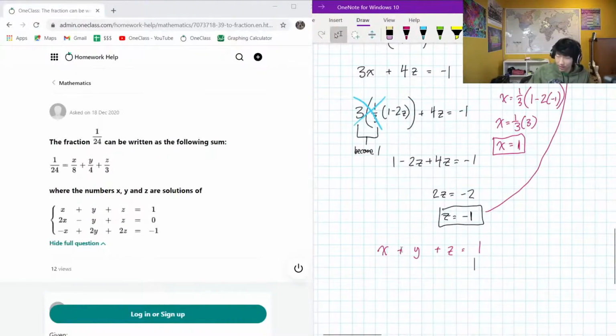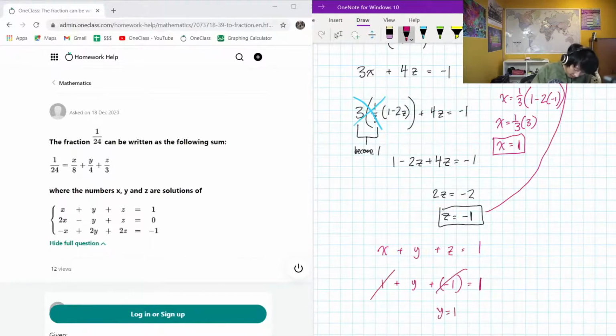So we know that x is 1 plus y plus z, which is -1. That's equal to 1. This cancels out with that, so y is equal to 1.